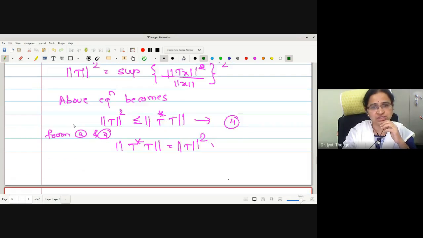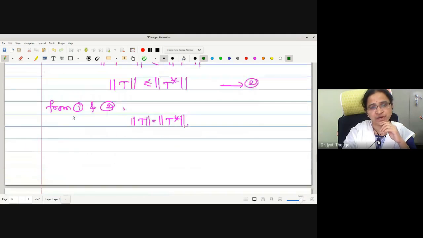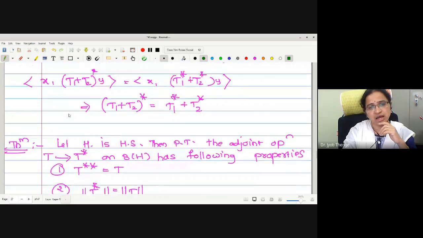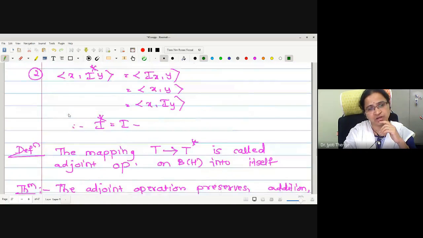In the last lecture itself, while studying the examples of adjoint operator, we have seen that zero and identity are the operators which follow this property.